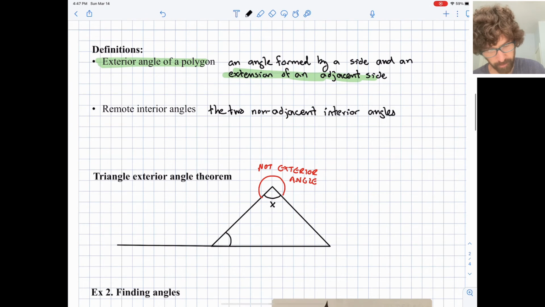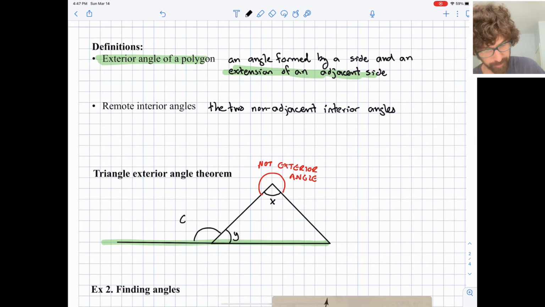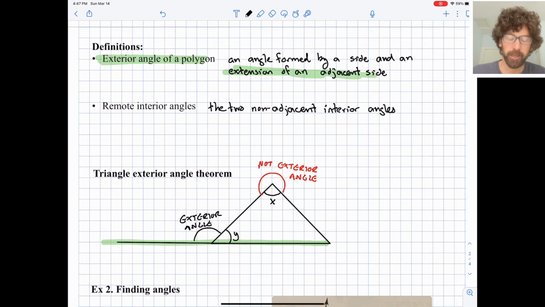We can talk about angle Y, and let's extend an adjacent side to angle Y. This is the adjacent side to angle Y, and we're extending it right there. And this is our exterior angle, okay? So it has to be an angle between the polygon and an extension of another side of the polygon.